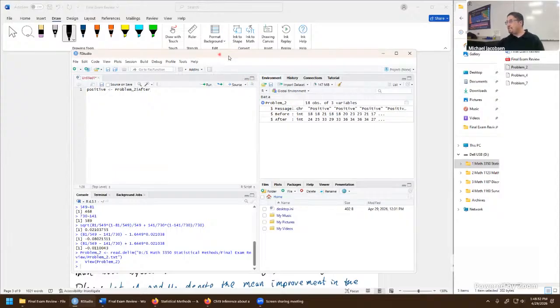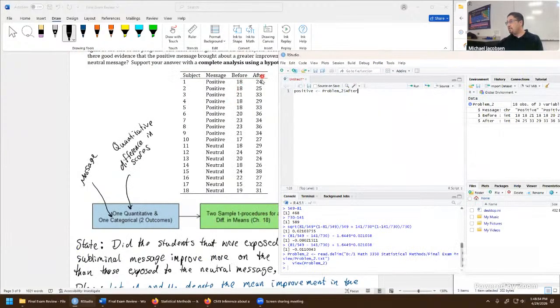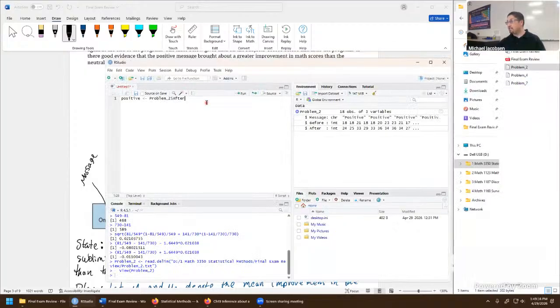But if I do it like that, I'm selecting after for everybody, both in the positive group and the neutral group simultaneously. So I want to subset into just the positives. I'm sure you could do this all by hand, but that is tedious busy work. Making RStudio do this can take a few moments, but save us minutes of our valuable time during finals week, possibly dozens of minutes.